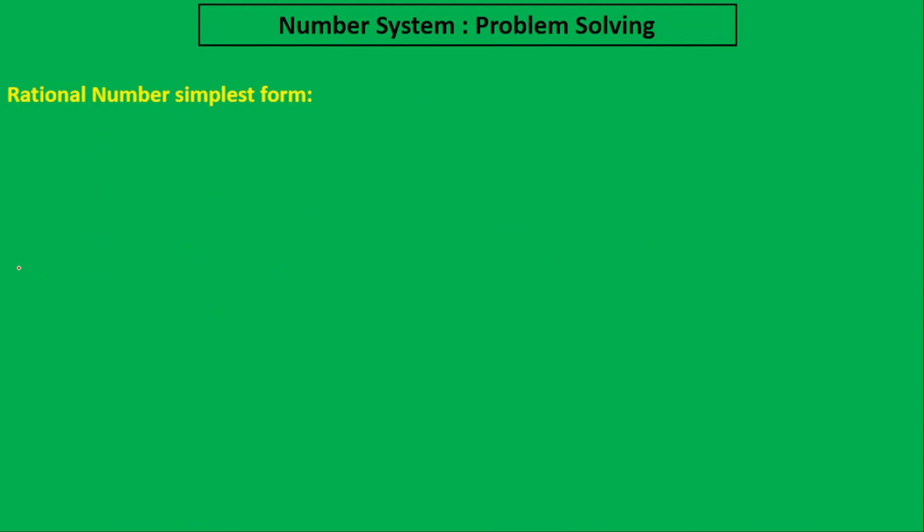Now, rational numbers in simplest form. Are these rational numbers in their simplest form? So 12 and 42. We will factorize them. We will write there all the factors.